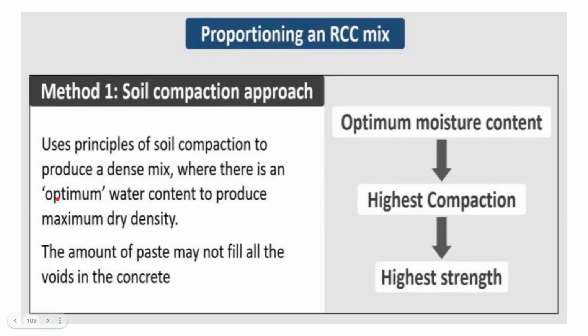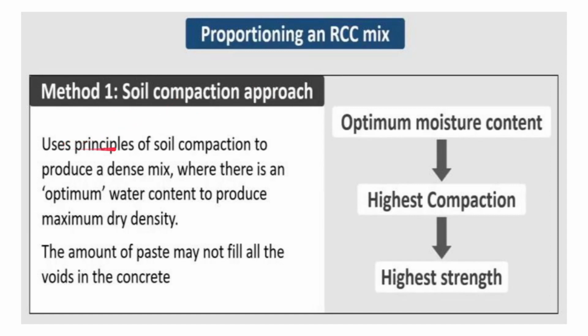Okay, so the proportioning, how to proportion RCC mix. Okay, so there are two approaches. One is the approach which we use, the normal concrete approach, and second is the soil compaction. Okay, so basically the properties are very much similar to soil. Therefore we can approach it from the soil compaction way.